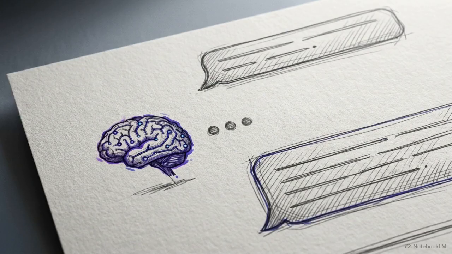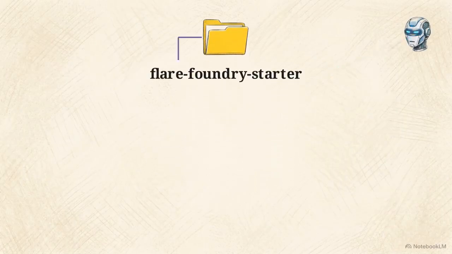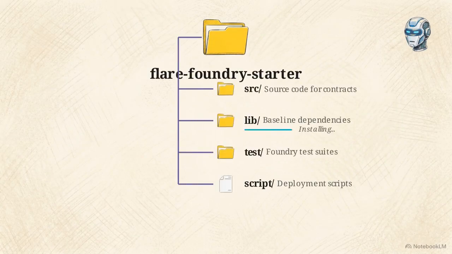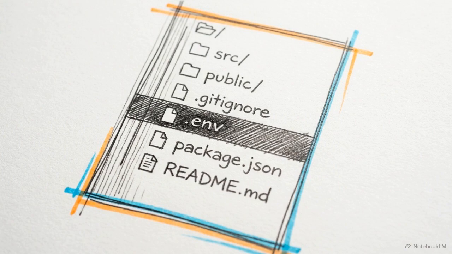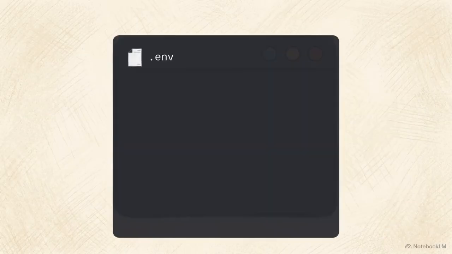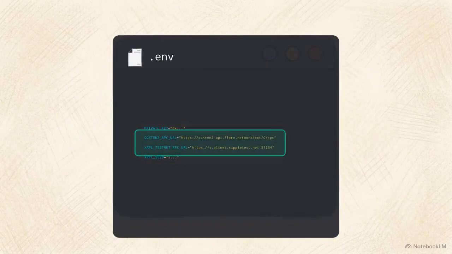Step 1. Prompt your AI assistant to scaffold a new Foundry project using the official Flare Foundry starter template. The AI will automatically clone the repository and install the baseline dependencies. Before moving forward, pause and verify your .env file. Confirm that your private keys are correctly formatted and that your Coston2 and XRPL remote procedure call URLs are active.